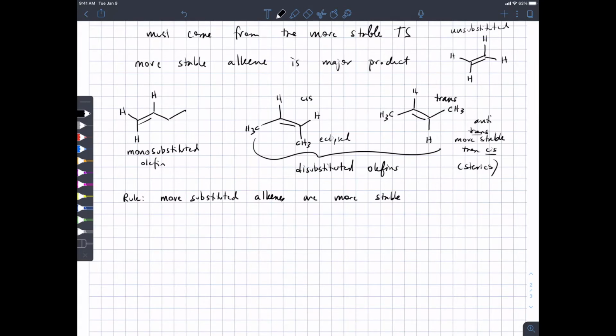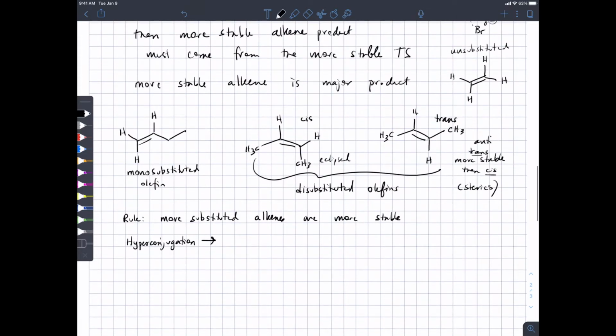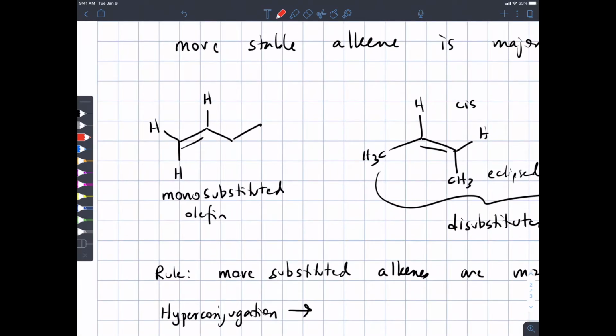And the best explanation for what's going on here is your friend and mine, hyperconjugation. Yay. Now, one word that might be useful for dealing with double bonds as we continue to talk: a carbon that's involved in a double bond is called a vinyl carbon.